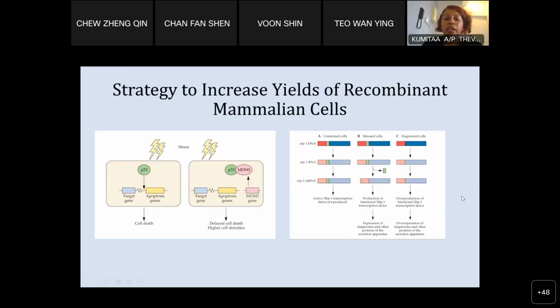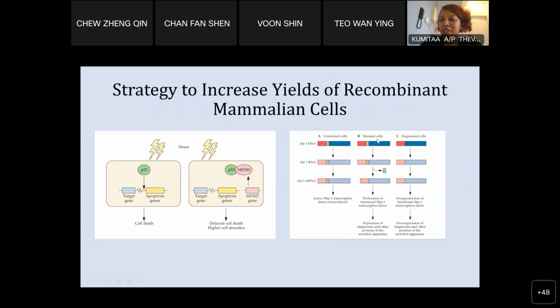So we also have different strategies to increase yields of recombinant mammalian cells. In some cases, stress actually does change the amount of yield in certain cells. So I'll just focus on this one here. If you have cells which are unstressed, you actually don't get the transcription factor being produced.